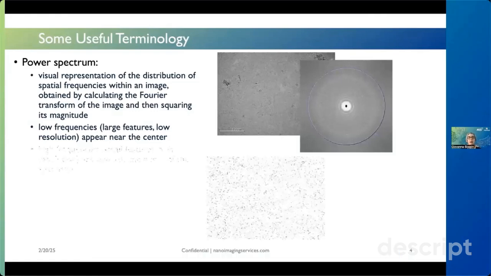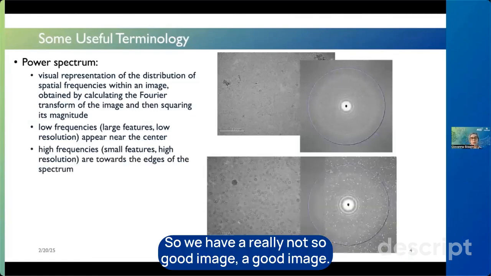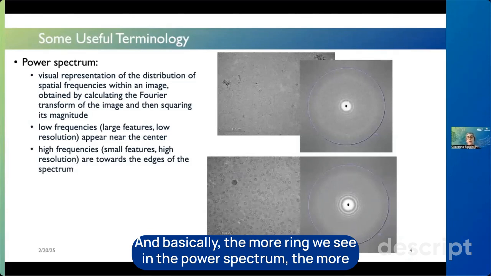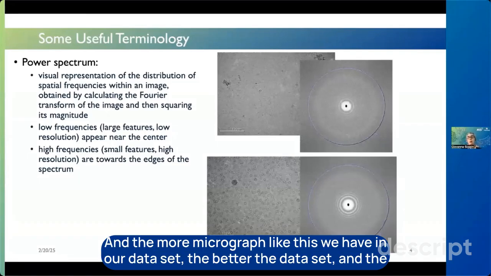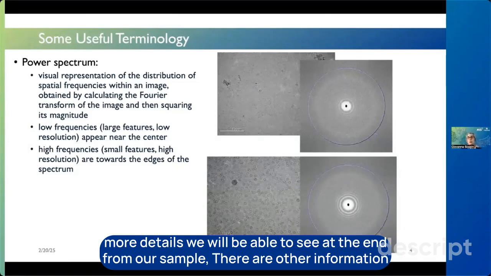So we have a not so good image, and a good image, and basically the more rings we see in the power spectrum, the more information the micrograph contains. And the more micrographs like this we have in our data set, the better the data set, and the more details we will be able to see at the end from our sample.